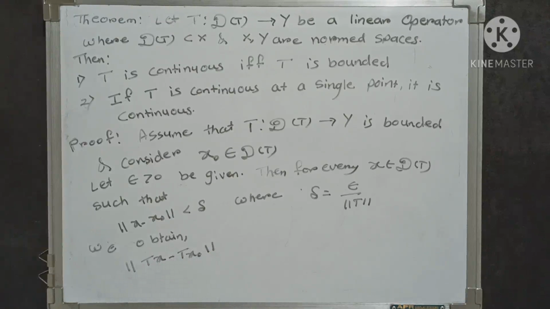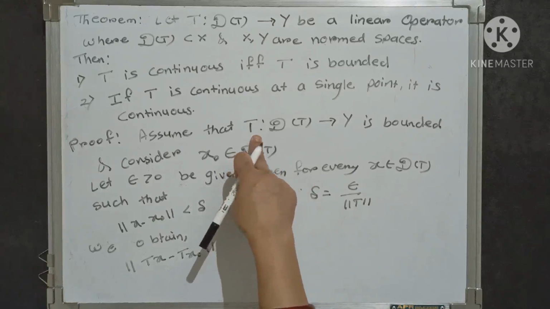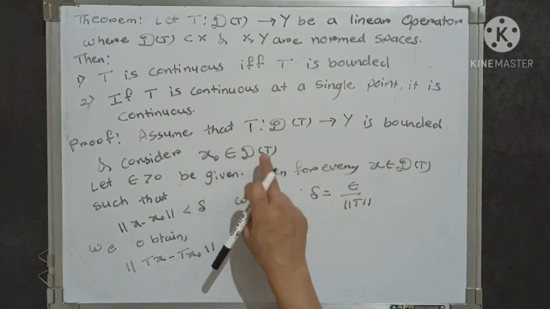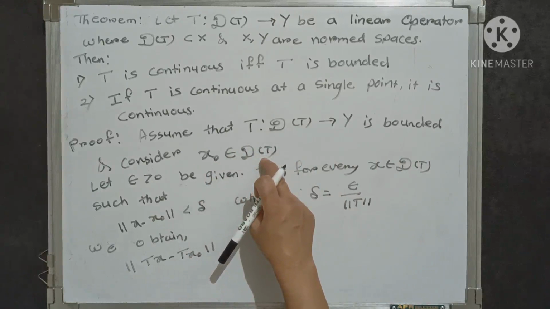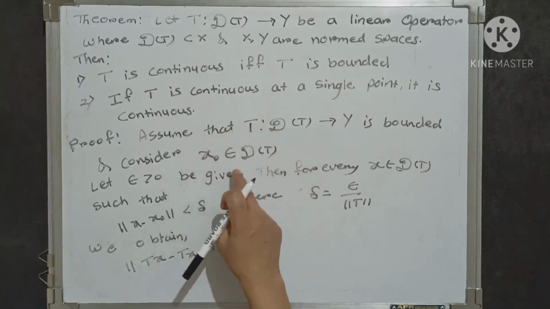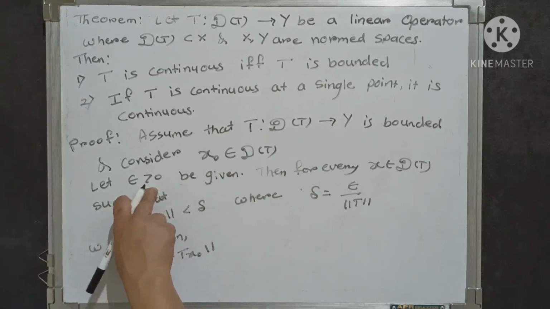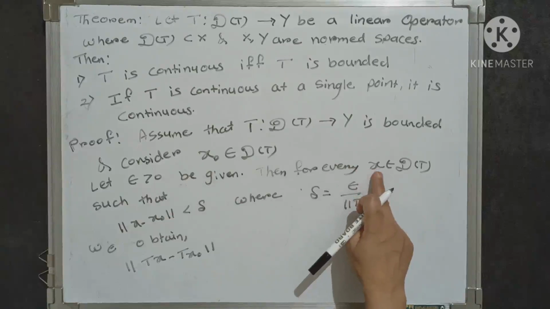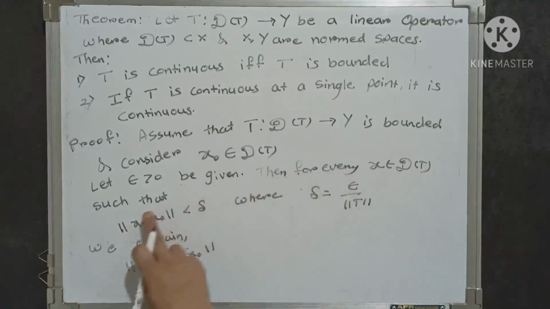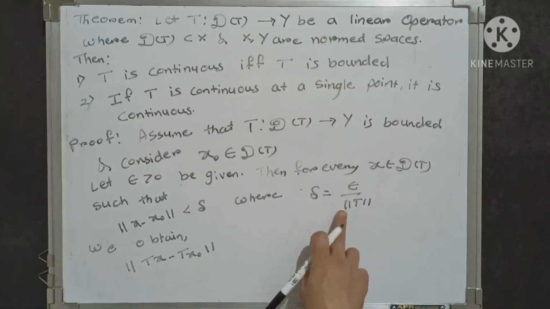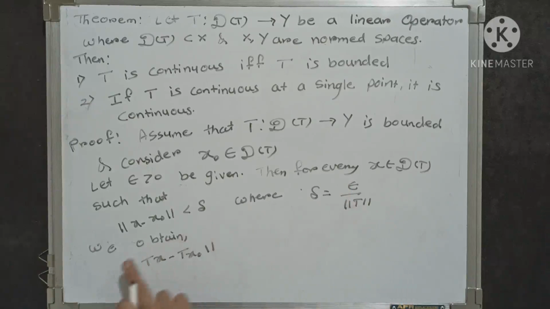Here we assume that the operator T, a linear operator, is bounded, and we start with any point x naught of D(T). We have to show that T is continuous. So we start with an arbitrary point of D(T), and epsilon greater than 0, and then for every x in D(T) satisfying the condition that the norm of x minus x naught is less than delta, where delta equals epsilon divided by the norm of T, we obtain the norm of Tx minus Tx naught.